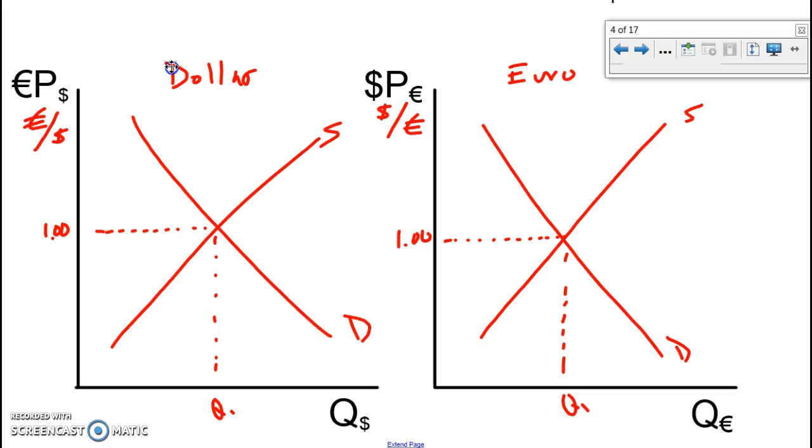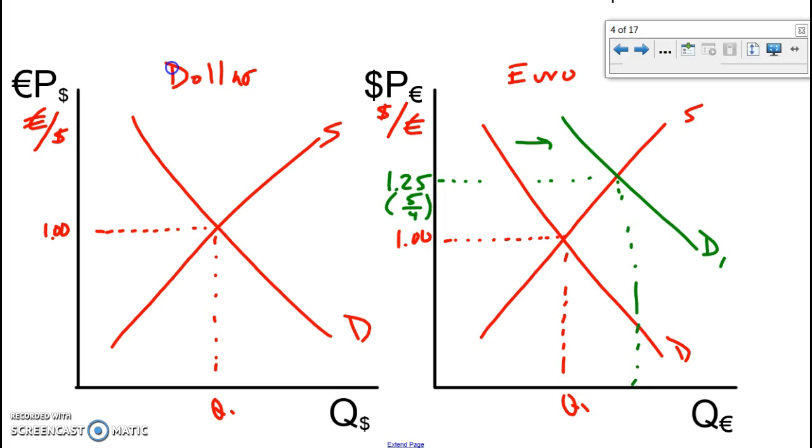So if it's 1-to-1 and then suddenly the demand for euros goes up, which did happen over time, for whatever reason, because people want to vacation in Europe, or buy more European imports, or because people are afraid of buying the dollar, or don't like the dollar, or don't like America, then that will cause appreciation. Let's say this becomes $1.25, or 5/4 as a fraction.